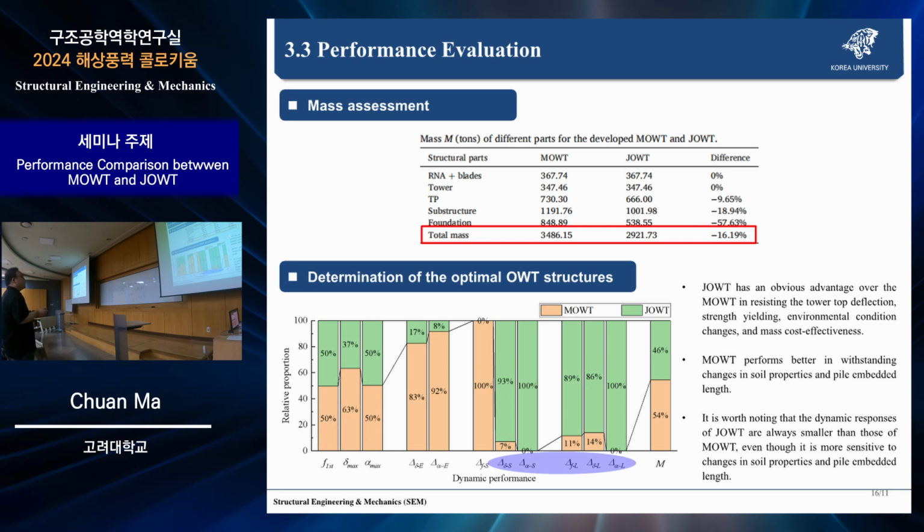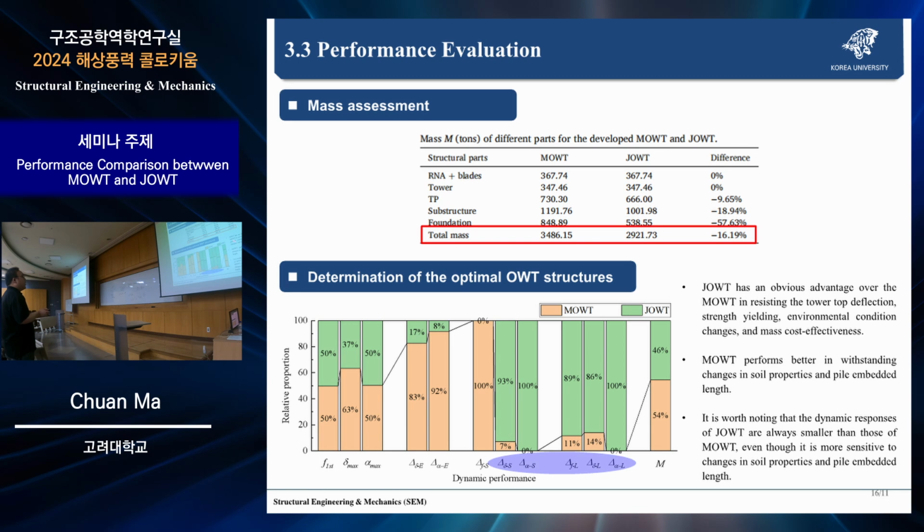This is the conclusion: the jacket of the wind turbine has an obvious advantage over the monopile of the wind turbine in the total displacement, deflection, stress yield, environment condition change, and also the mass.